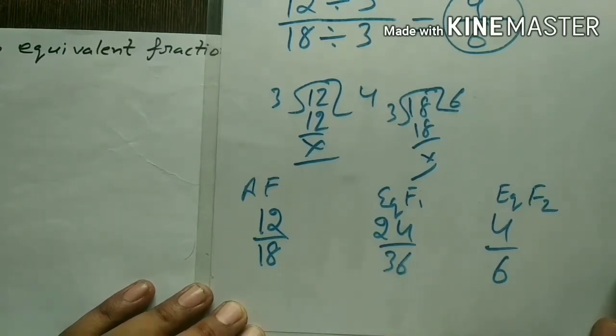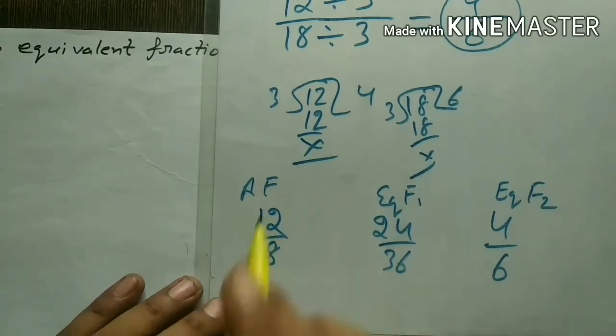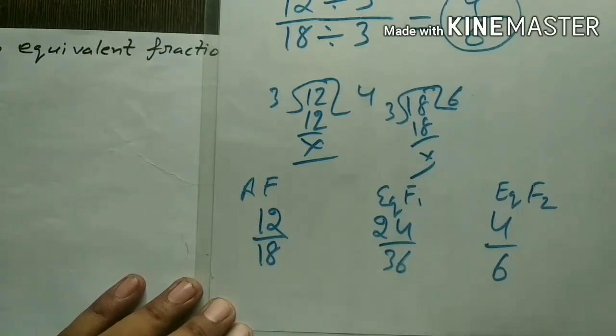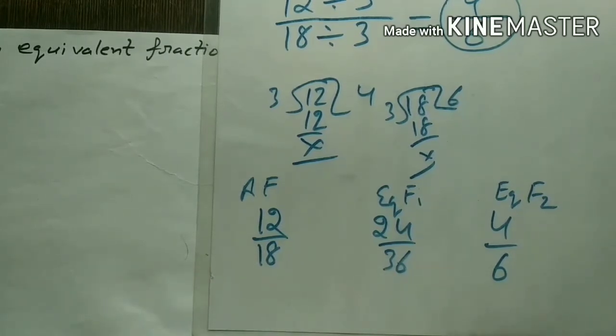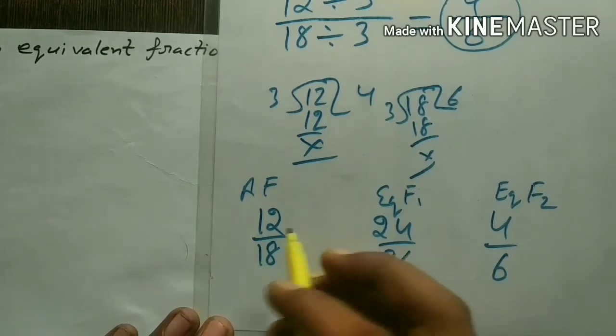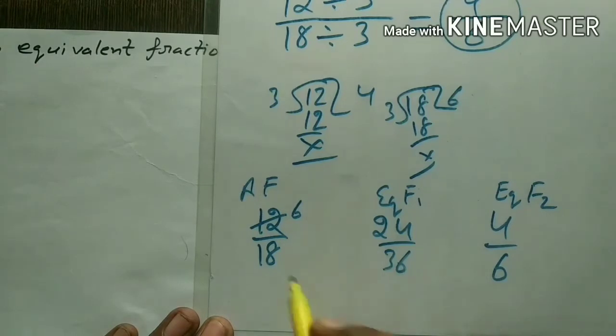Now if you see 12 and 18, both are divisible by which table? Think. If you count the table of 2, then you can divide them. 2 sixes are 12, 2 nines are 18.